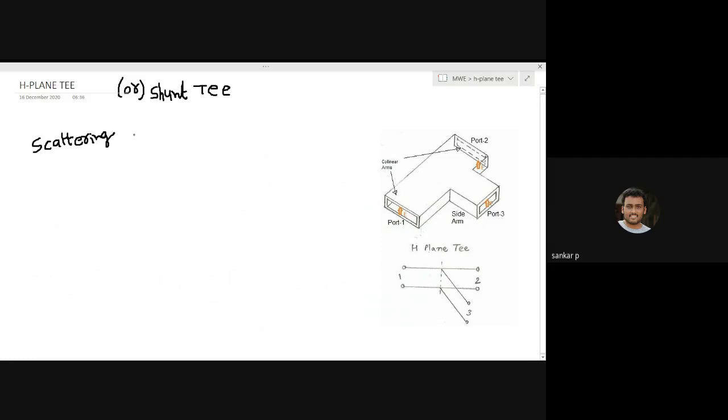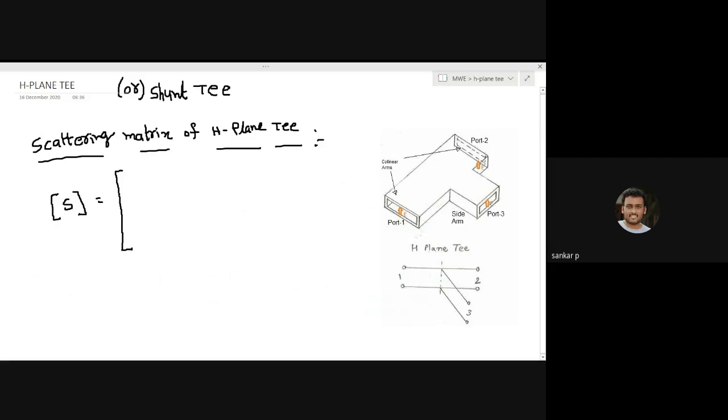Scattering matrix of the H-plane T, or simply the S matrix of the H-plane T. First of all, what do we have to consider? How many ports does it have? One, two, three. Three ports means the order of the matrix is 3 by 3.